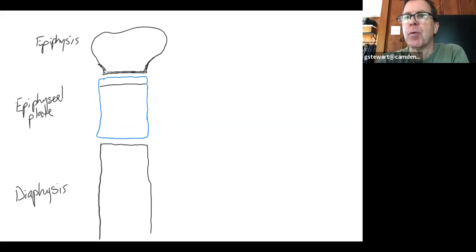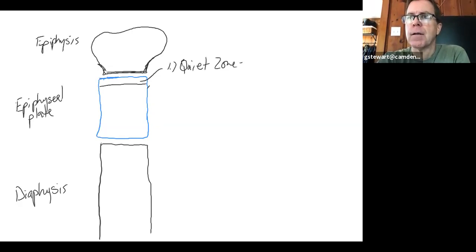Up here at the top, we call this zone 1. And it's known as the quiet zone. And the reason it's called the quiet zone is because remember, this is cartilage. All of this thing is cartilage.